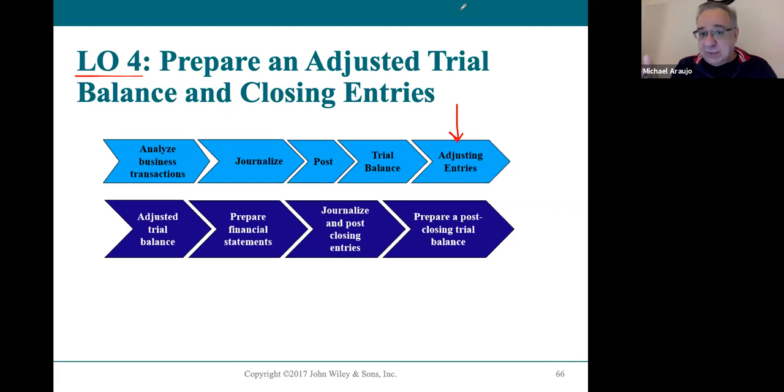That was learning objective 3, the accrued revenue part. And so that adjusting entry gives us an accounts receivable, but also increases our revenue. As soon as we put that in the journal, it gets posted to those accounts in the ledger. Those accounts are updated through that adjustment process.